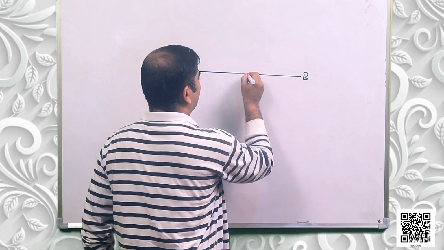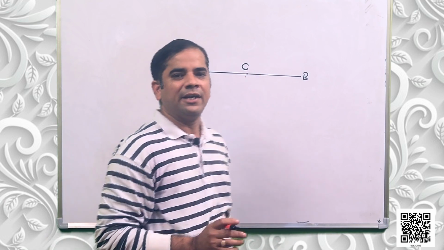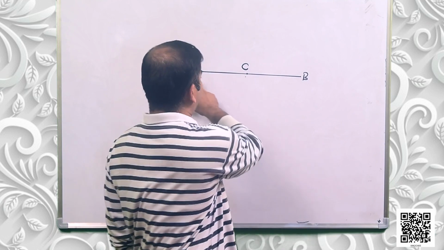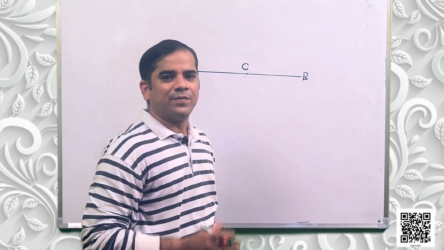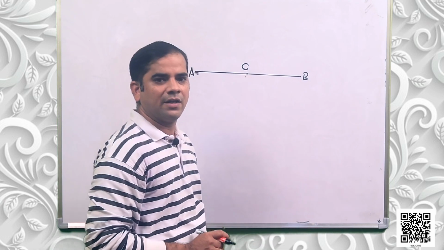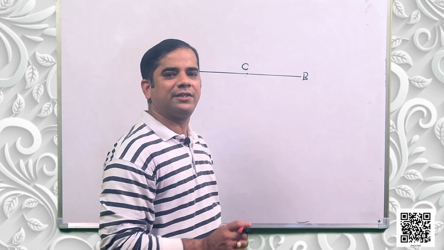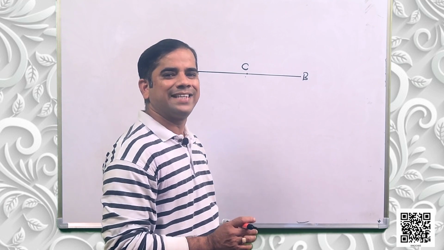So let us take a point C over here. So as per postulate, it says given any 2 distinct points A and B, there exists a third point C which is between A and B. Second postulate, there exists at least 3 points that are not on the same line.